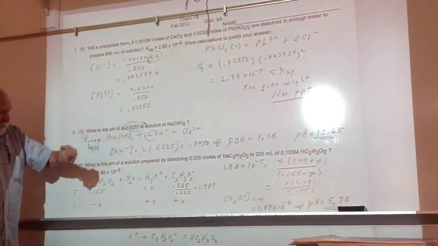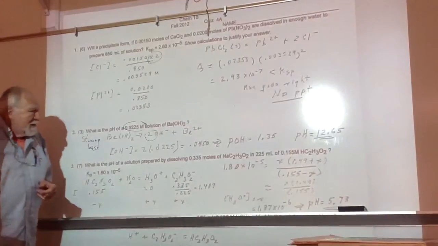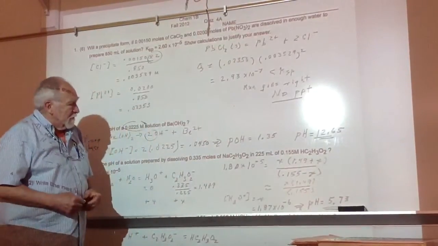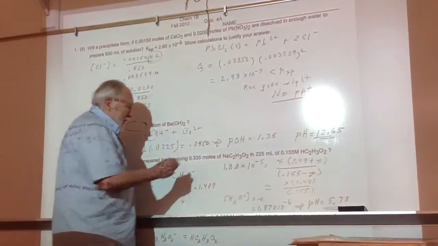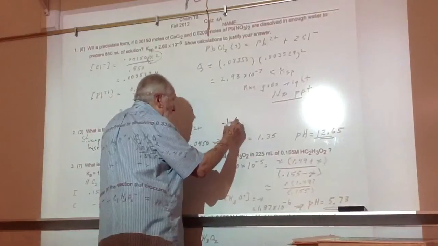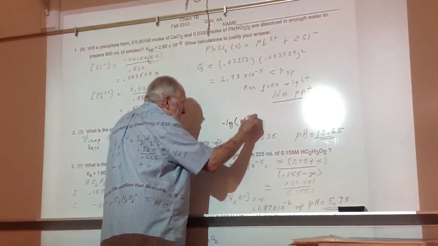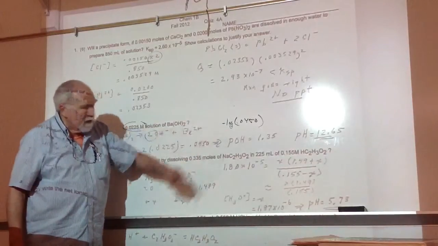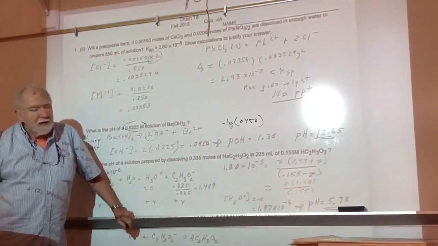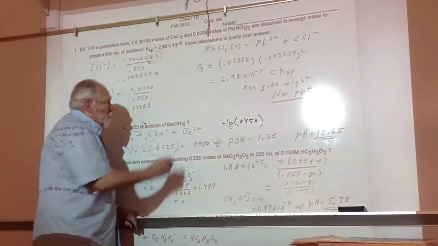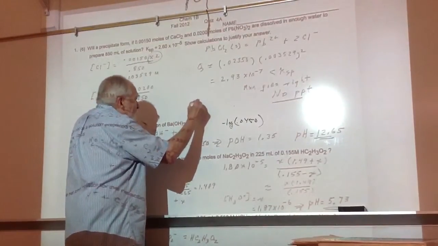And you didn't have to show me 14 because it's only 3 points. If I see this and you say POH is that number, I'll believe you did this thing. What did you do to get that? That's how you got the POH, because P means take the negative log of whatever that number is. The biggest, well, it was only a couple people did this, a few people did things like this.